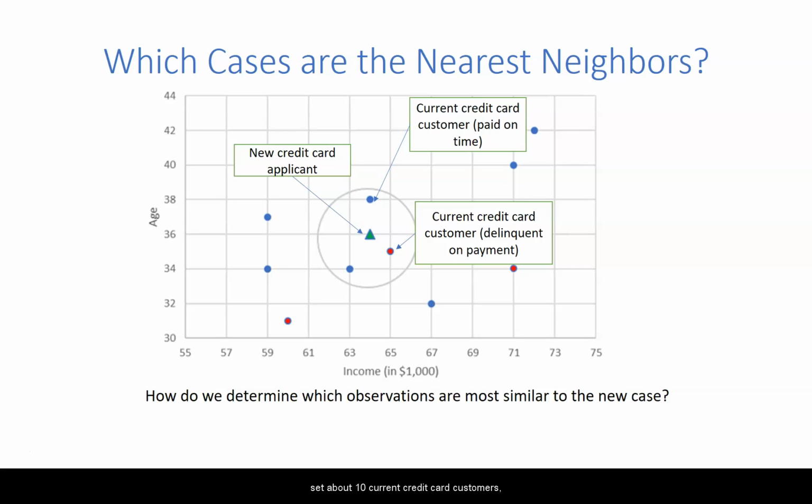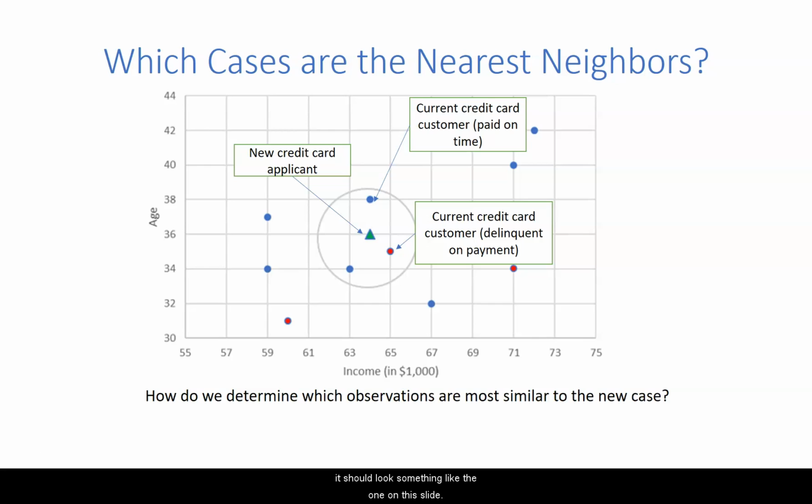Suppose a bank has a data set about 10 current credit card customers, and the variables are age, income, and whether they paid their credit card debt on time or are delinquent on their payments. If we plot the 10 observations in a scatter plot, it should look something like the one on this slide.